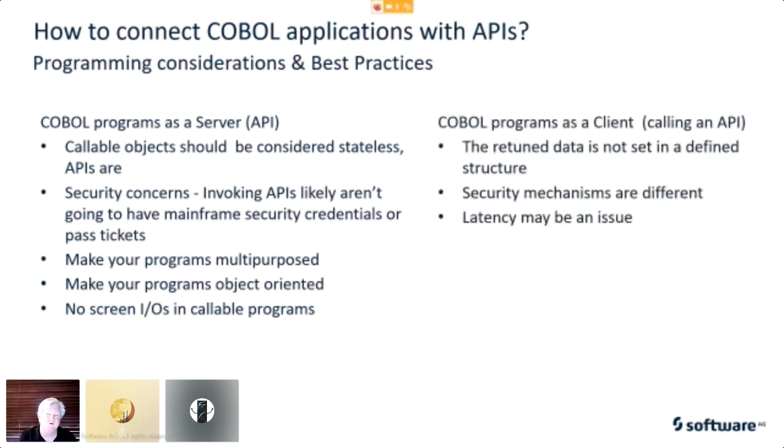COBOL is a client. If I'm calling out from COBOL as a client, typically the structure of the API that's being called isn't structured. I may or may not return all the fields. Arrays might be boundless. If I say return me all the customers, it might return 1 million customers.